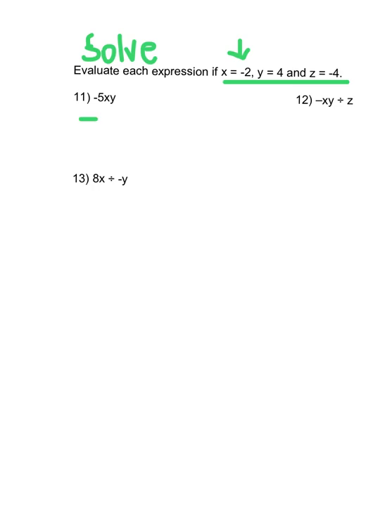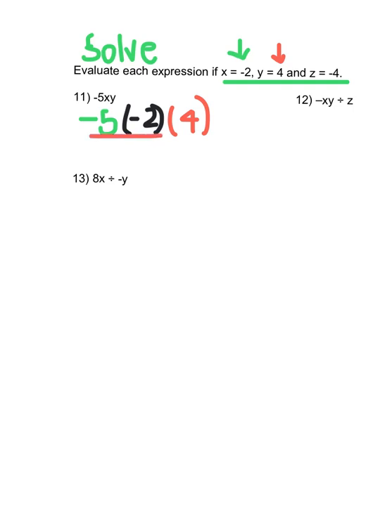So we copy the numbers like -5, then we're going to substitute or replace the x with -2. We'll substitute or replace the y with 4. Once you substitute the variables with the number, the variables are gone from the problem. And now we can use our integer rules to solve the problem.